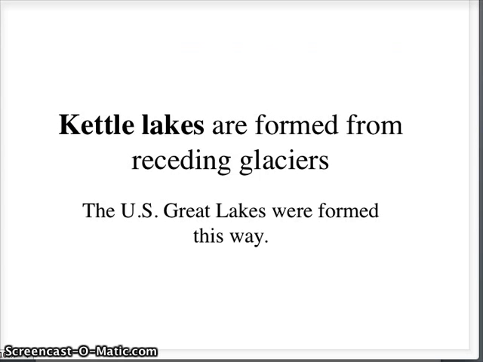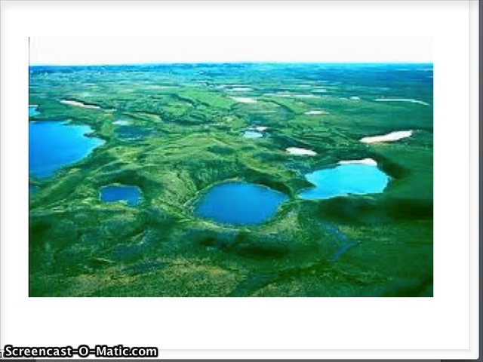Speaking of lakes, kettle lakes are formed from receding glaciers. Now we're talking more in this case about continental glaciers. Scientists think that we had a glacier that covered a lot of Canada and North America at one point, and whenever those glaciers melted, they left a lot of lakes, and the United States Great Lakes are supposed to be kettle lakes. Now, these kettle lakes kind of all look the same. They look like these little potholes.